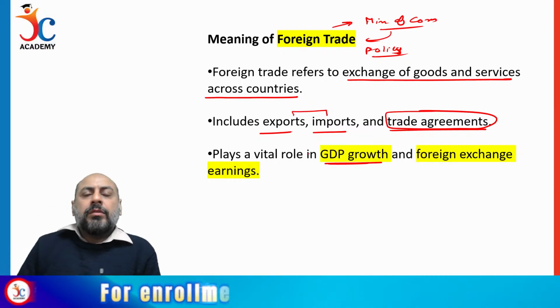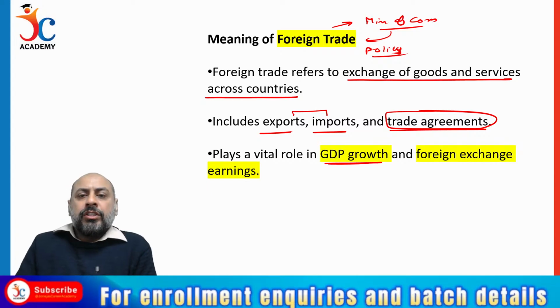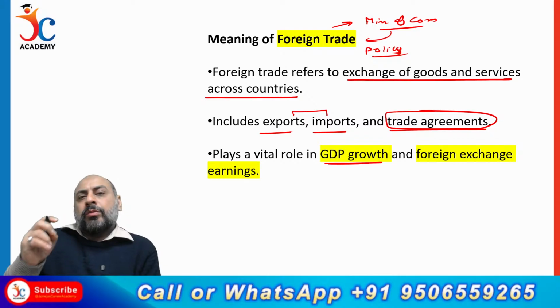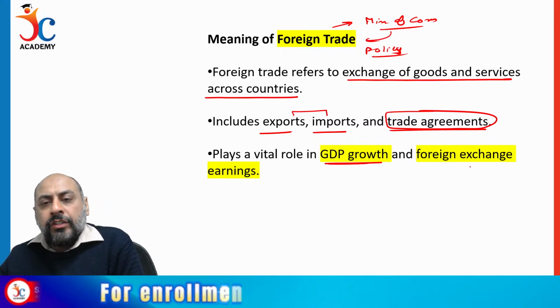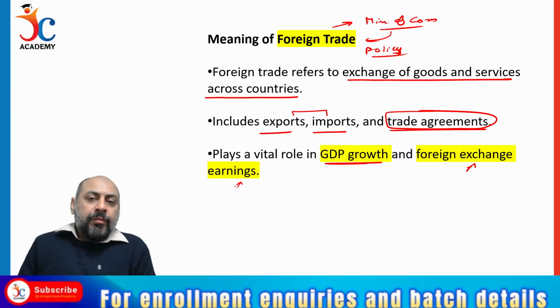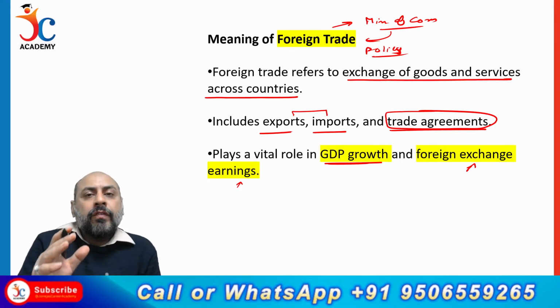Now national income is generally measured in various ways. One of the key indicators is the GDP growth, that is, at what rate our gross domestic product is increasing, and foreign exchange earnings. Foreign exchange earnings are very important. Why? Because this will help you maintain a healthy balance of trade.